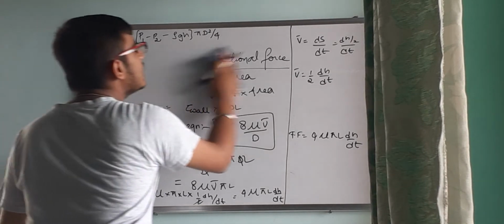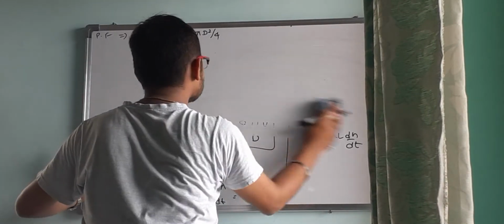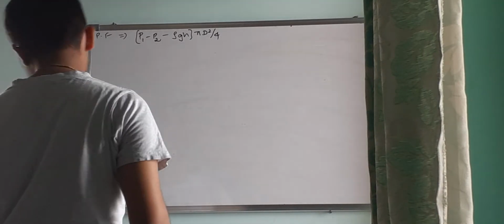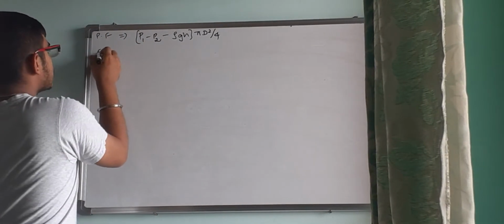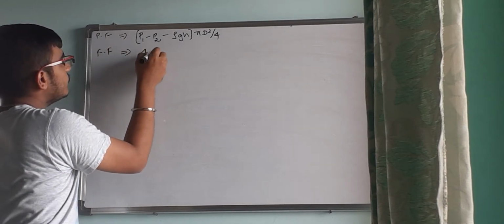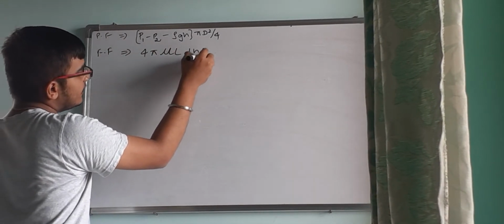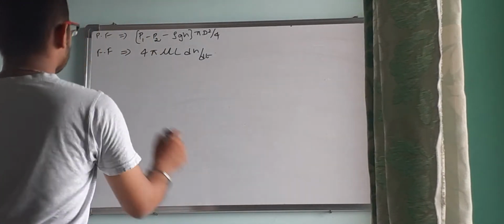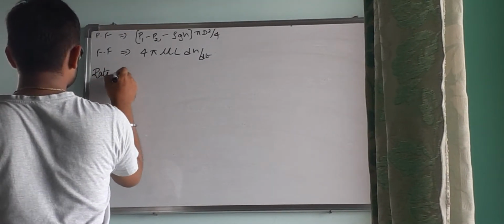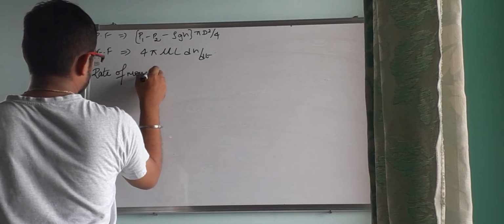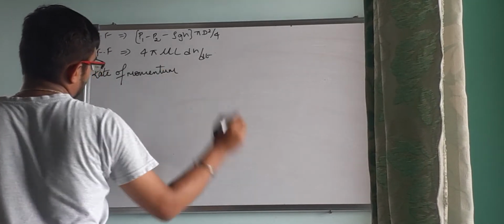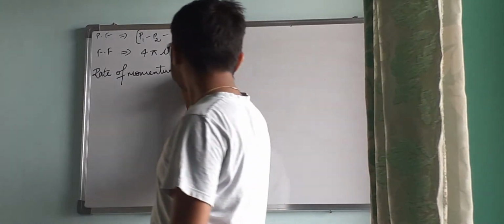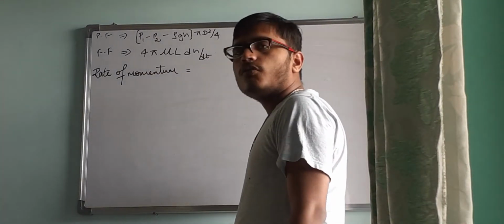So now you calculated your unbalanced forces, then you calculated your frictional force, which is 4 pi mu L dH by dt. Now you have to calculate the rate of momentum. What is momentum?